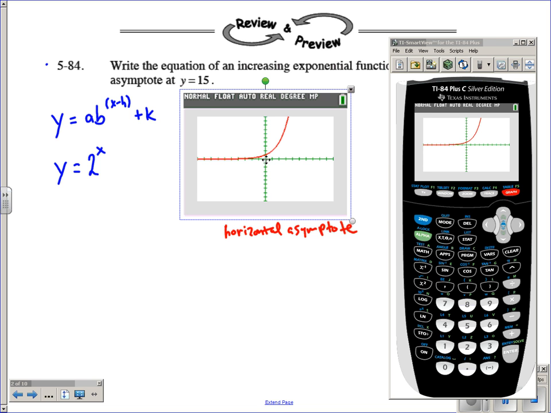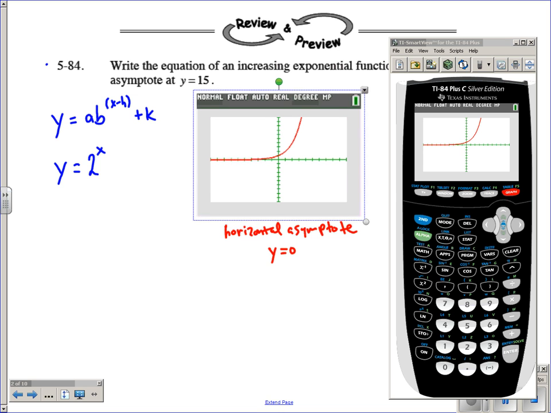Well, it's never going to have a value where y equals 0. So our horizontal asymptote is the equation y equals 0. So let's move that over and make it look like I wrote it centered on there.